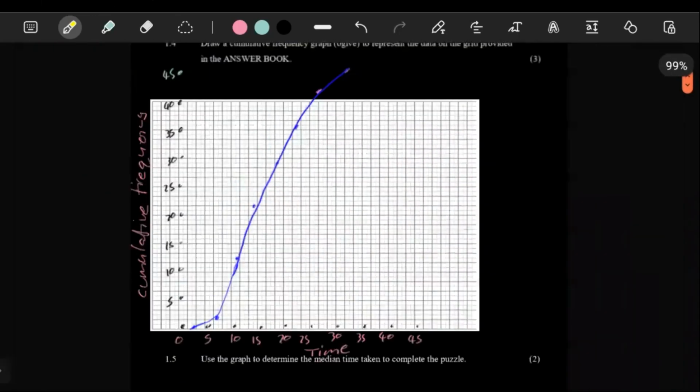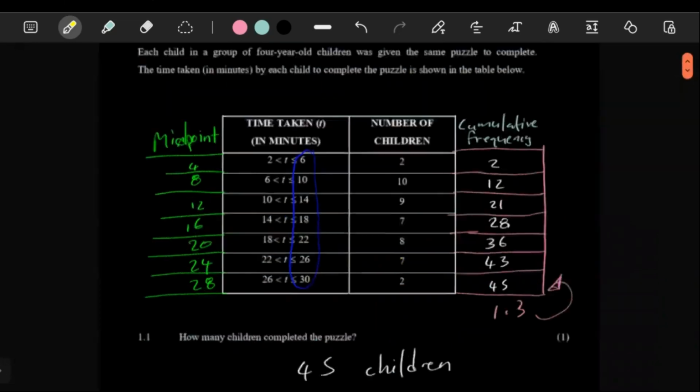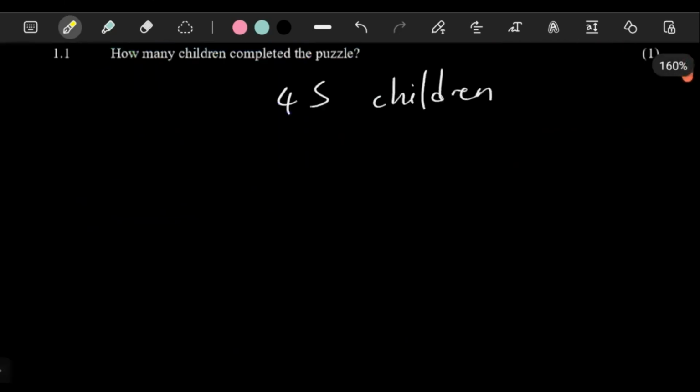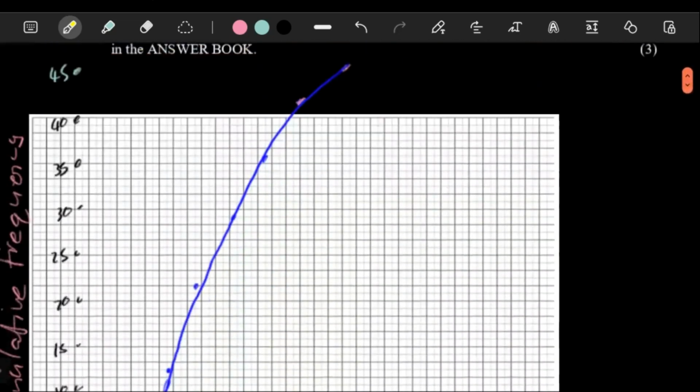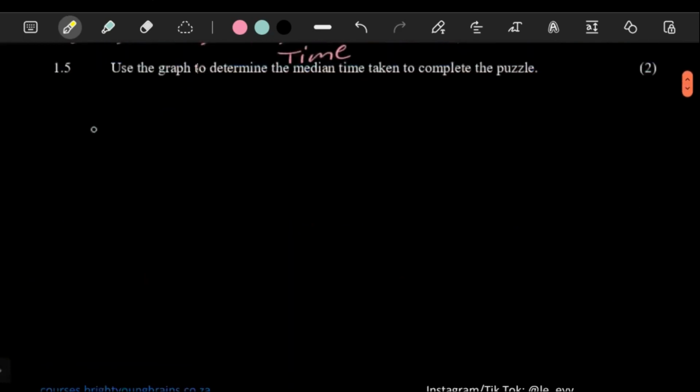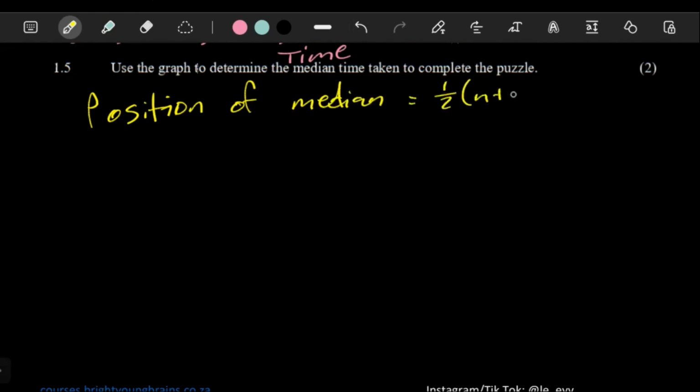I mean, you see there's 45 children, right? So the position of the median, you can use this formula. Position of median is going to be equal to (n plus 1) over 2.